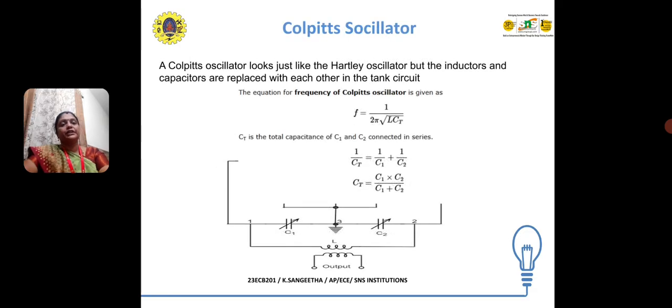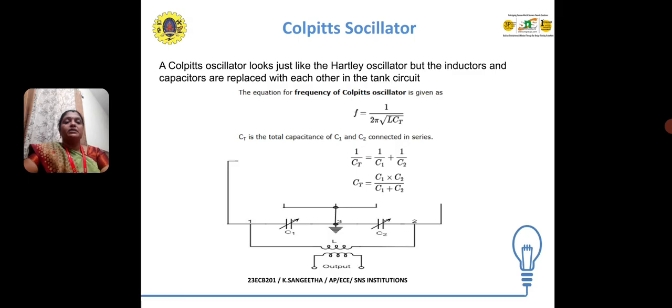The other circuit is the Colpitts oscillator. The Colpitts oscillator looks like the Hartley oscillator, but the inductors and capacitors are replaced with each other in the tank circuit. In Hartley oscillator, two inductors and one capacitor are used, and in Colpitts oscillator, two variable capacitors and one inductor are used, and the frequency is f is equal to 1 by 2 pi root of L Ct.